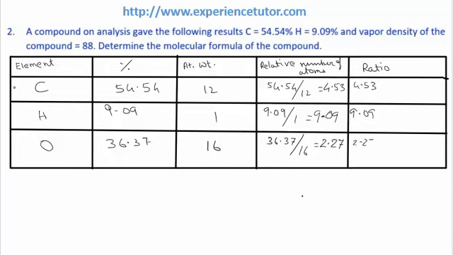Now among these the smallest is 2.27, so we'll divide all the terms by 2.27. Here it is 2, here it is 4, here it is 1.